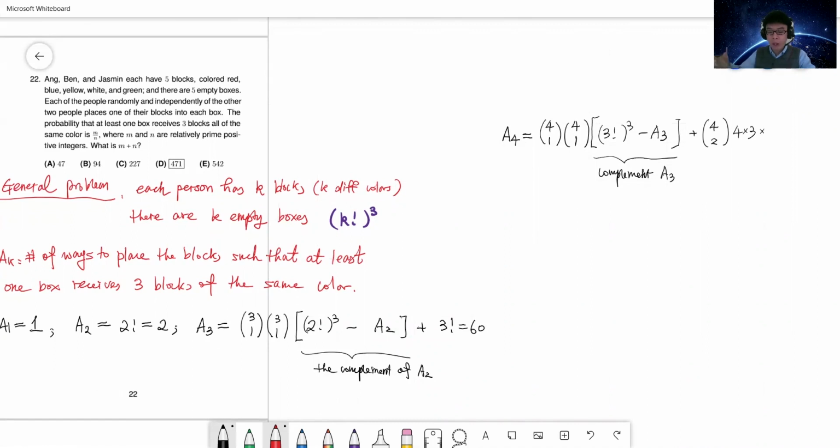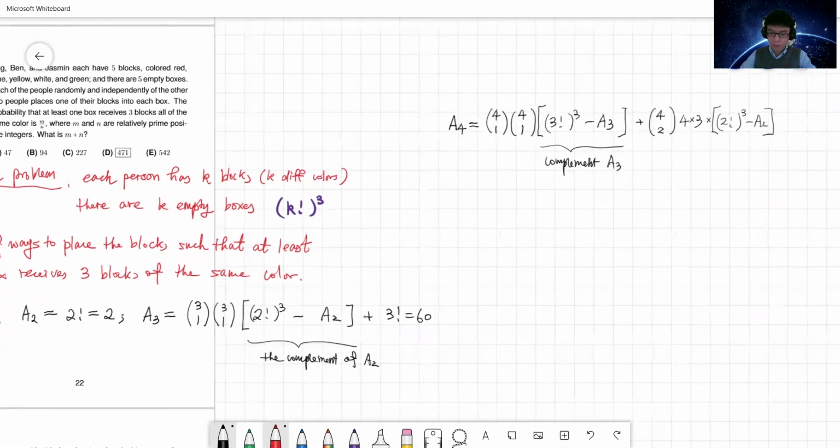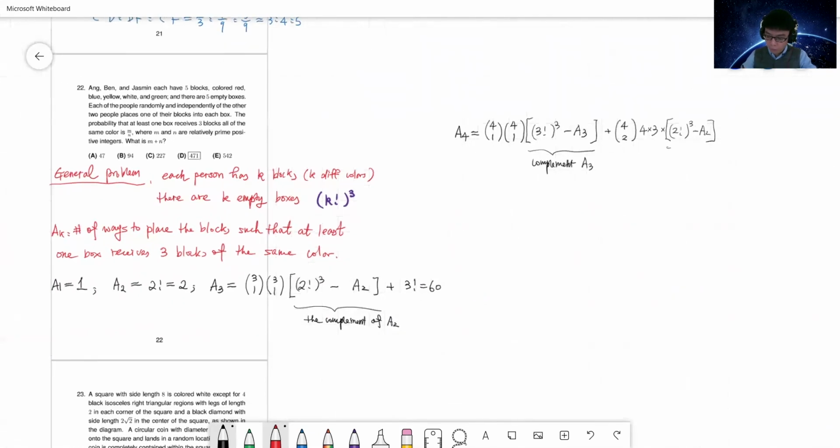And we have remaining 2 colors and the 2 boxes. That corresponds to a complement of A2. And next, we consider we have more than 2 boxes with the same color blocks.